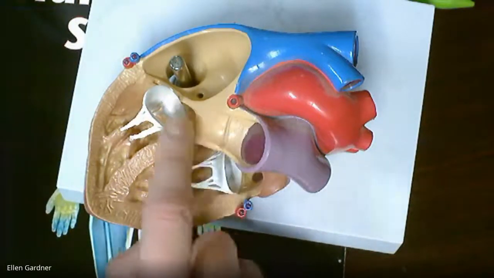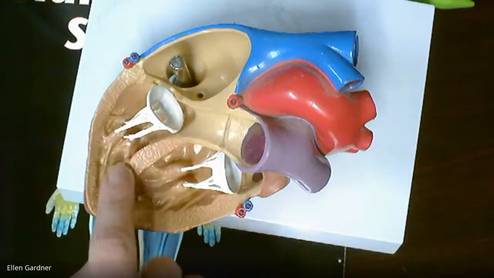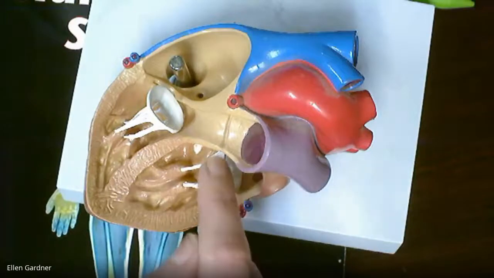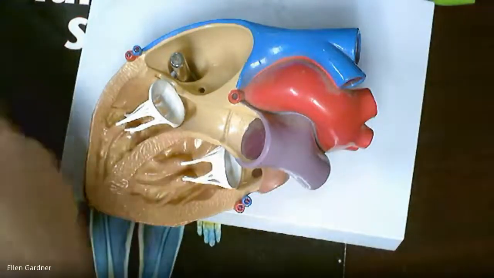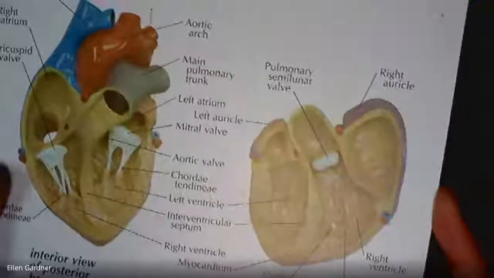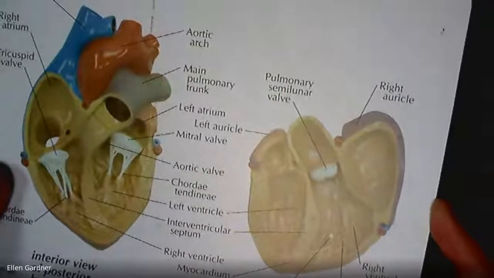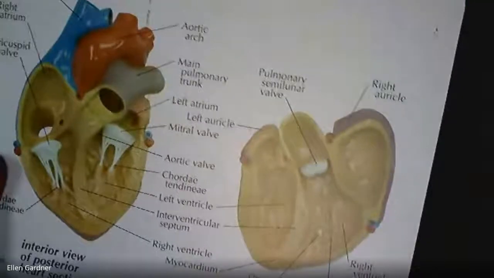And then this is the aortic valve right here. Oh yeah, down there. Okay, so those are the parts of the inside of the heart, just allowing blood to flow in and out.